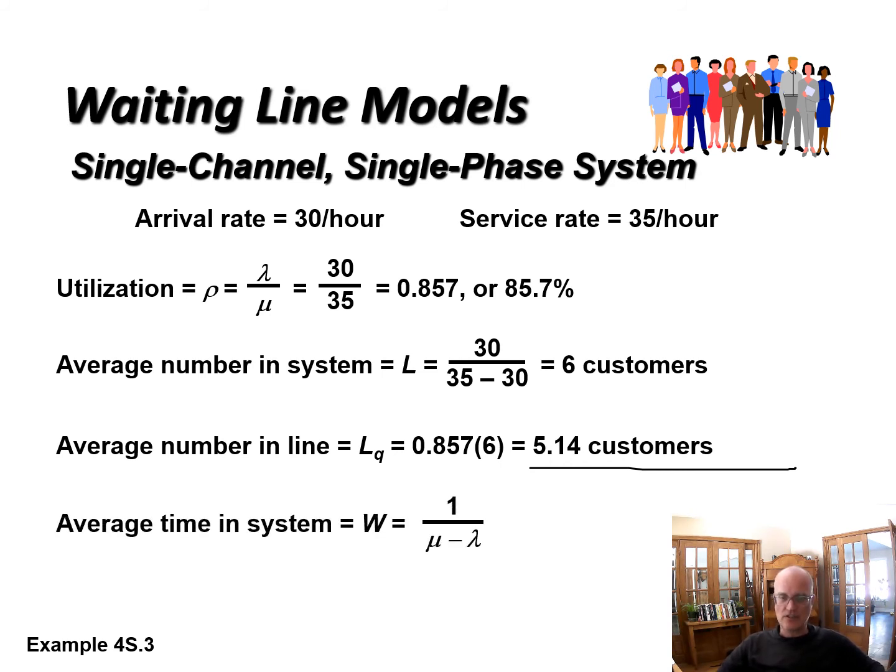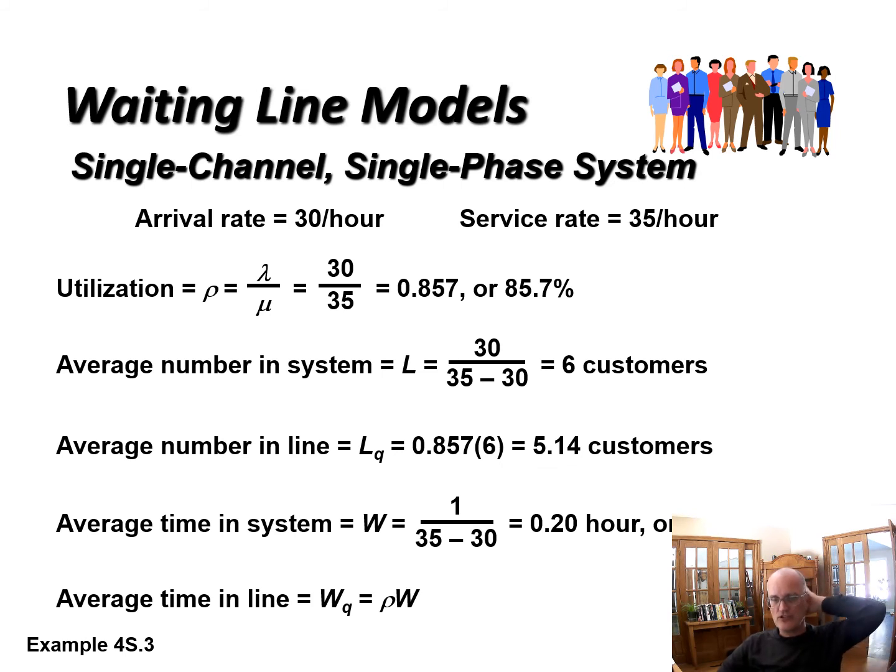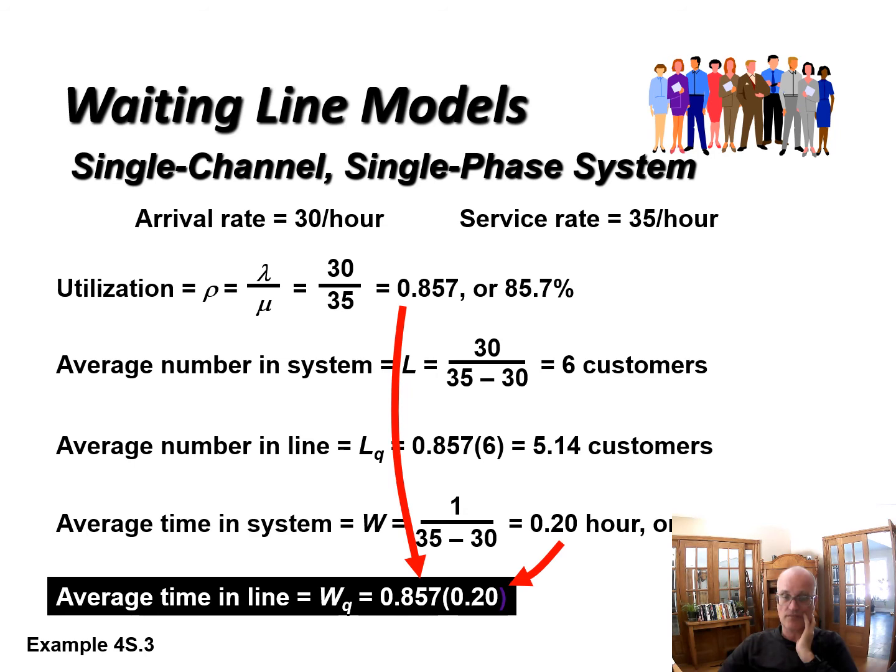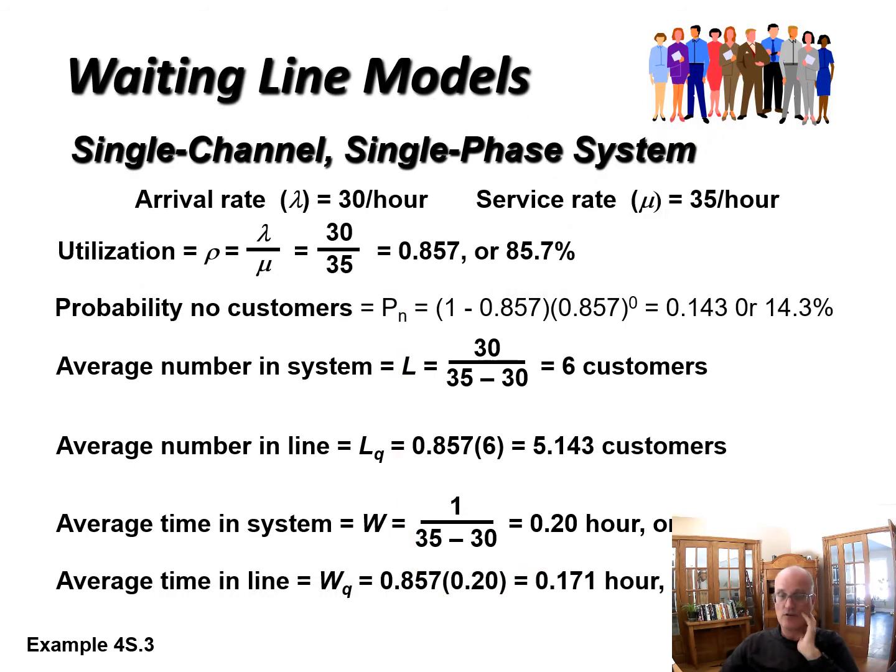The average time in the system is 1 over mu minus lambda, which is equal to 1 divided by 35 minus 30, which is equal to 0.2 hours. And then the average time in the line is just rho times the average amount of time in the system, which is equal to 0.171 hours.